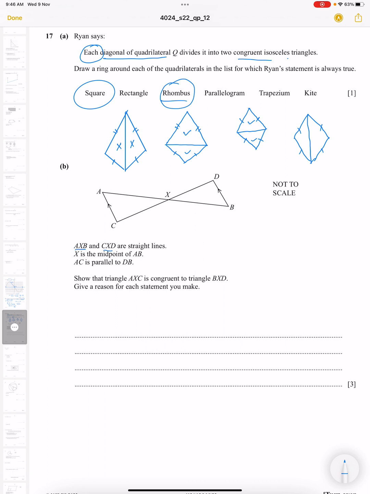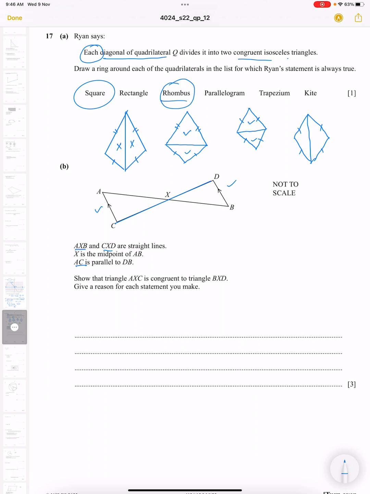AXB and CXD are straight lines. We can see AB and CD are straight lines. X is the midpoint of AB. AC is parallel to DB. It can be seen from here that AC and DB are parallel. Show that triangle AXC is congruent to triangle BXD.